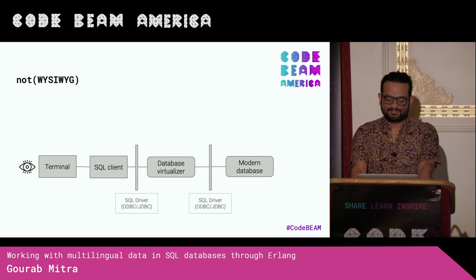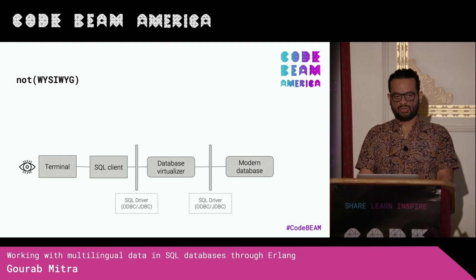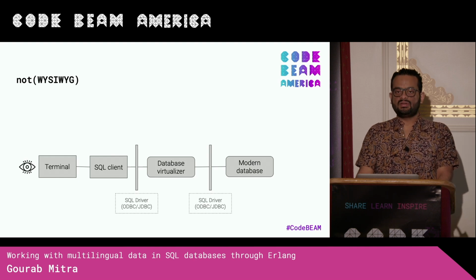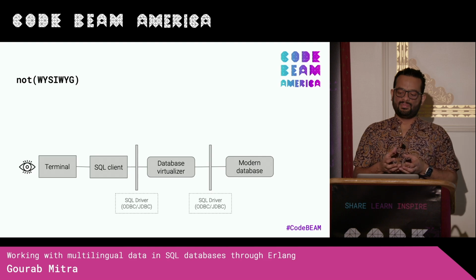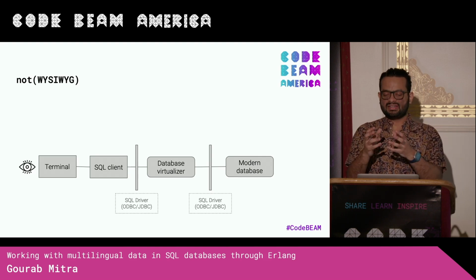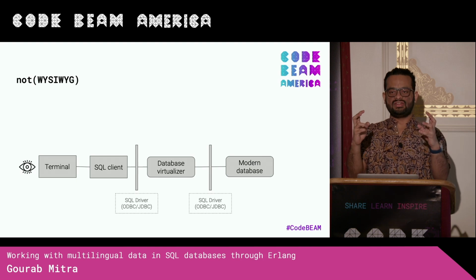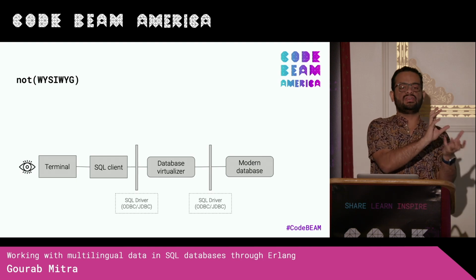The twist is also that sometimes the terminal will lie to you. The terminal might show you a perfectly valid Unicode character, but it does that because it sees mangled data, which it thinks, oh, this is valid Unicode code points. I'm just going to be nice and show the user the right character.